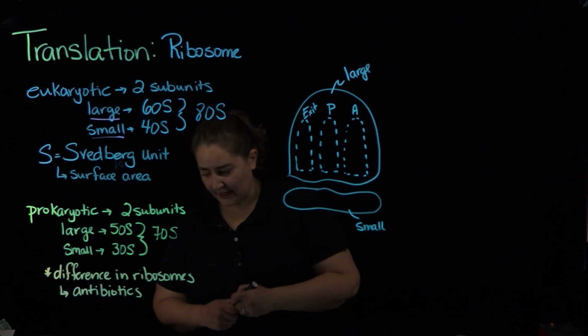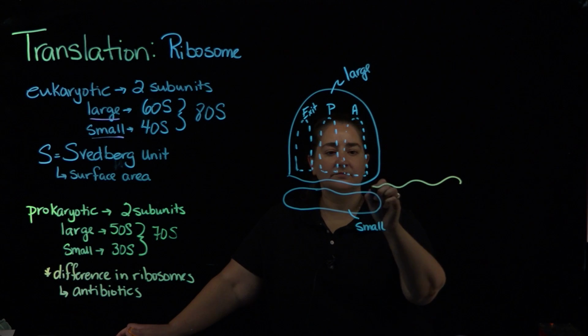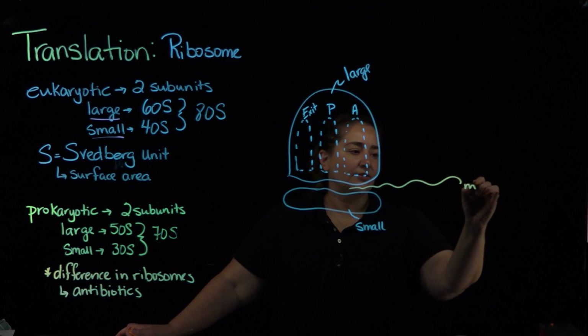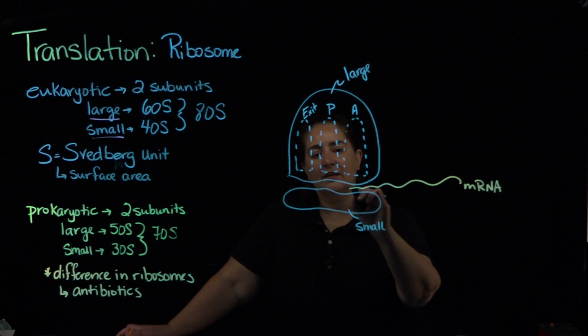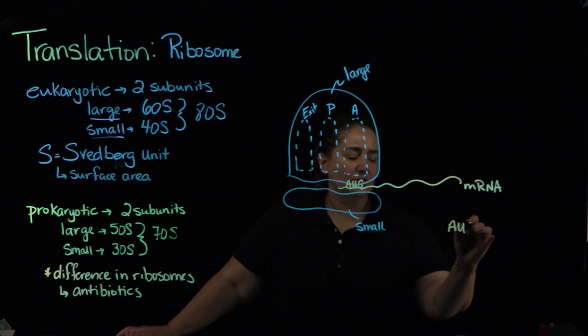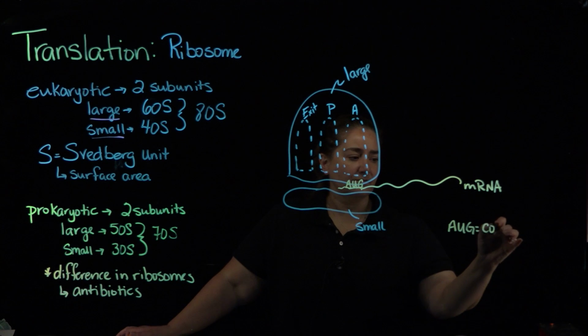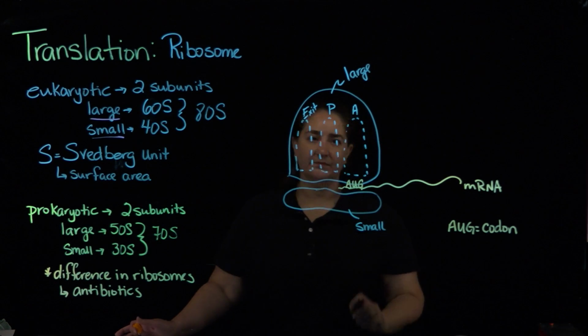And then what we're going to have is the squiggly line here. This is going to be our messenger RNA. And on our messenger RNA, we're going to have our codons, right? So the AUG is going to be our codon. That's going to feed in between the large and the small subunit.